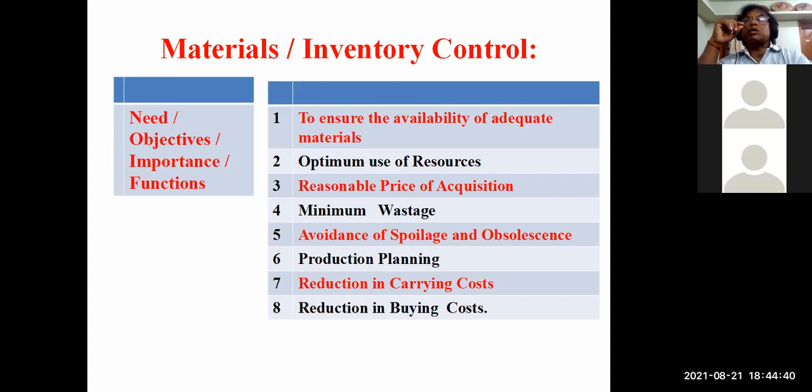You should not purchase too much of certain things, because these things may lose value after some days. So you have to calculate this also. This is material control or inventory control. Suppose you are a mobile seller. You have purchased too many mobiles of MI or something. A huge quantity purchased.